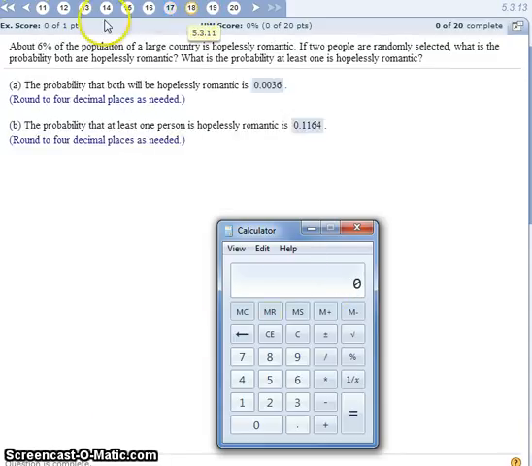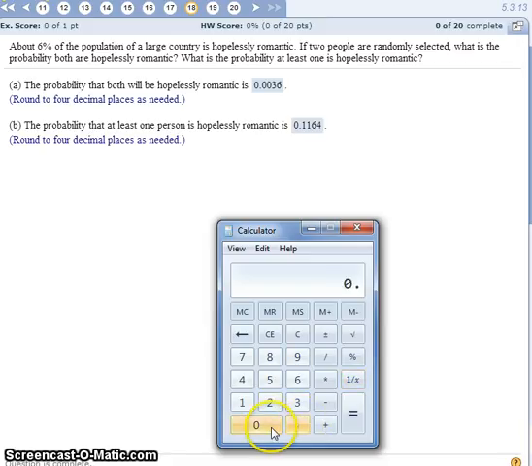For number 18, we're told 6% of the population of a large country is hopelessly romantic, and we're going to randomly select 2 people. And what's the probability that they are both hopelessly romantic? So these are independent events. The first selection and the second selection are both independent. Doesn't matter who we pick first, the chances that the second person is hopelessly romantic is still 6%.